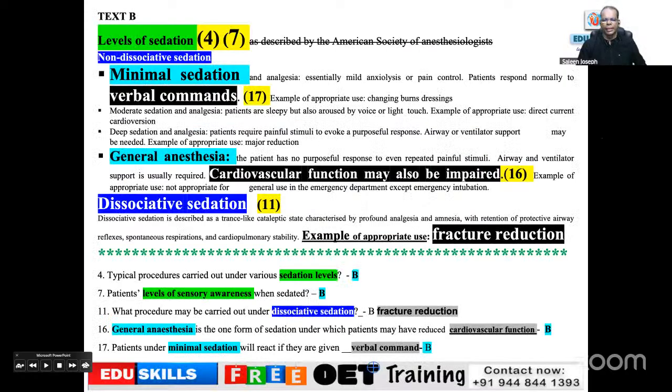Father, when we write the answers, as you told, by copy paste, should we write all the answers in big letters or small letters? You can write big letters. If you're writing, use only capital letters, or we call it uppercase, or small letters.